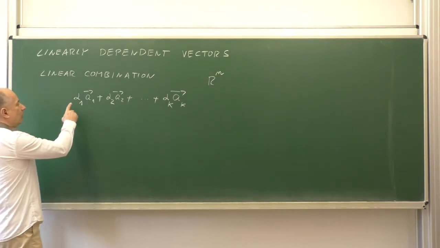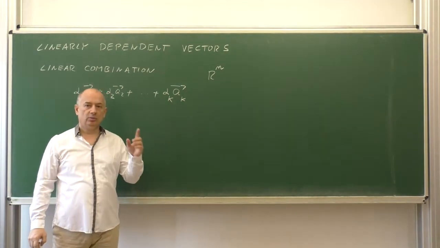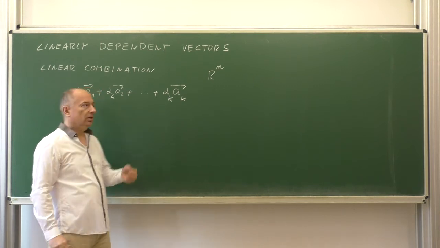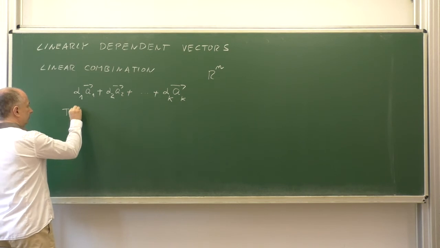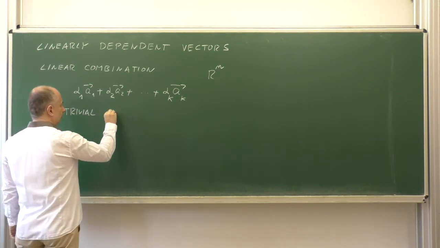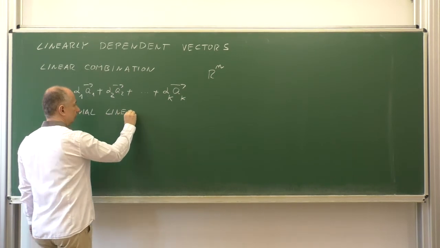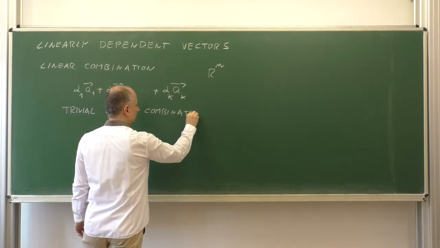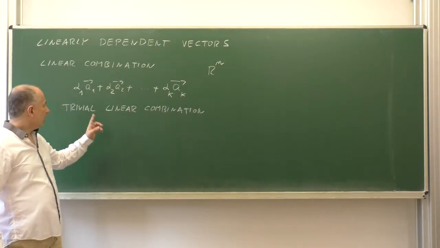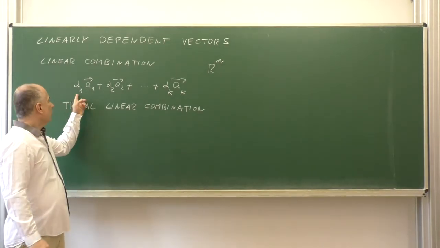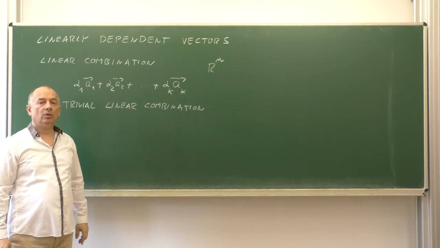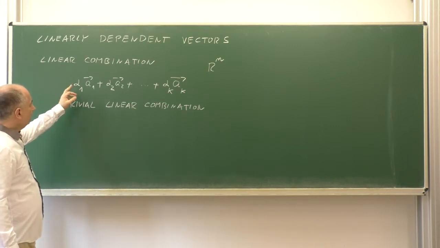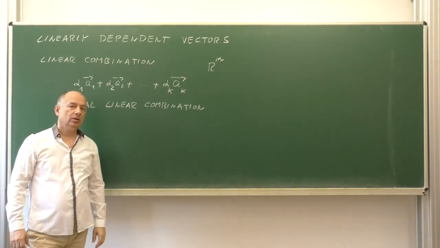Now, if all the coefficients alpha 1, alpha 2 up to alpha k are equal to 0, we say this is a trivial linear combination. Once again, trivial linear combination means that all the coefficients alpha 1, alpha 2 and so on are equal 0. Well, if all the coefficients are equal to 0, what about the result?